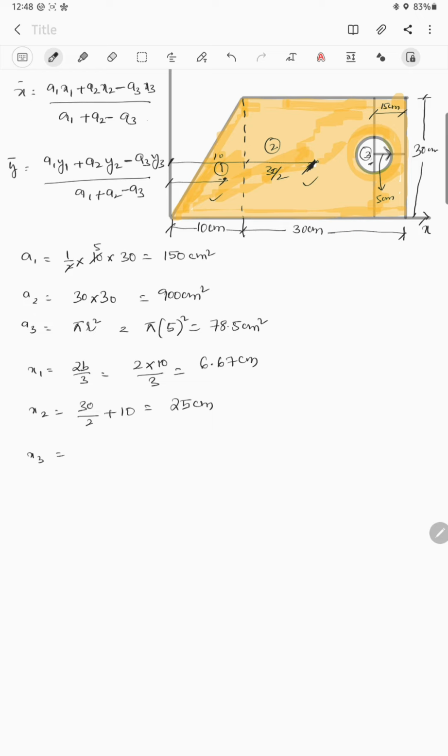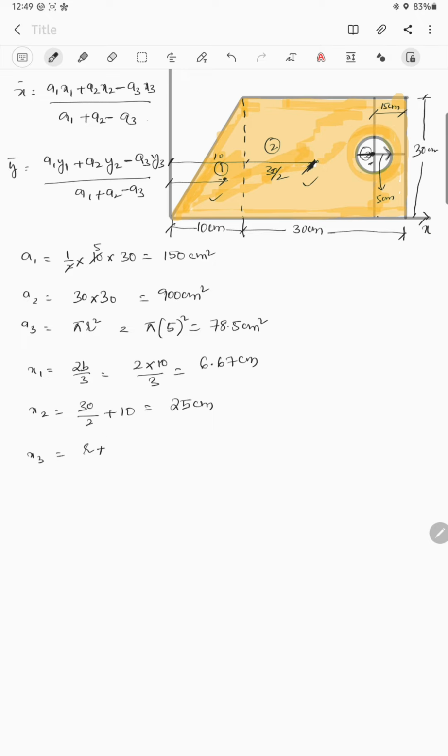What about x3? X3 is equal to, see here, this is the center of the circle, this distance is r, and this distance is 15. 30 minus 15 is again 15.